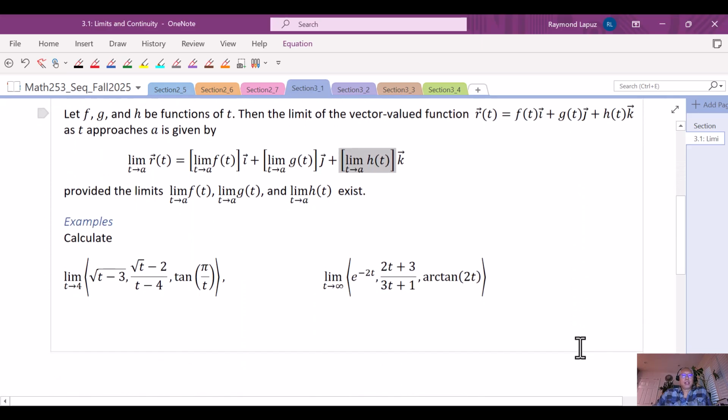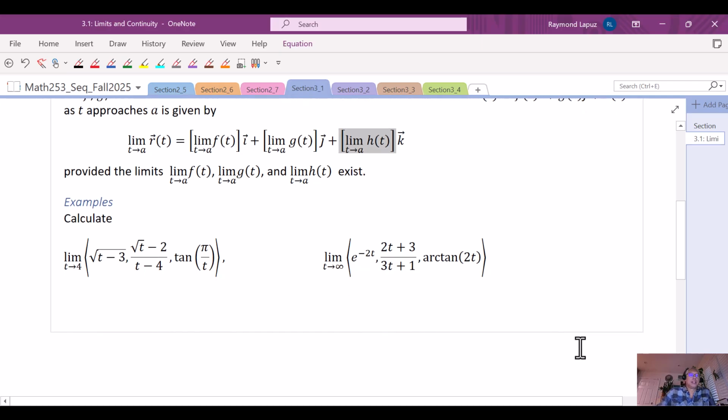All right, we have a couple of examples to do here. Let's find the limit as t approaches 4 of this first function. So this function has 3 components: the square root of t minus 3, then root t minus 2 in the numerator divided by t minus 4 in the denominator, and tan of pi over t.